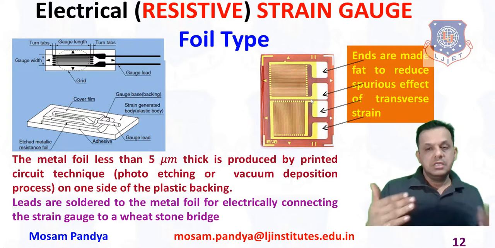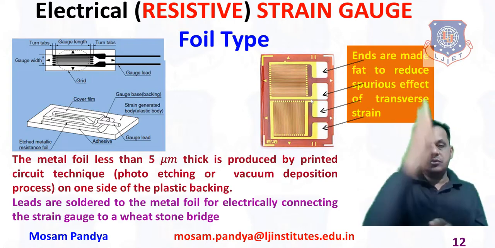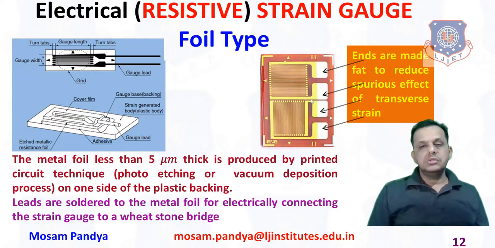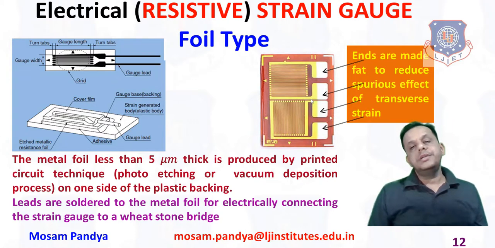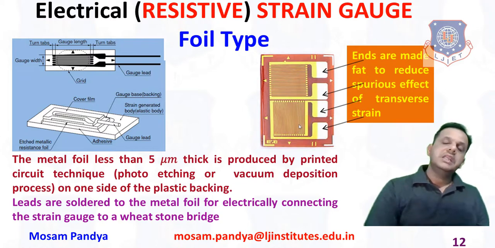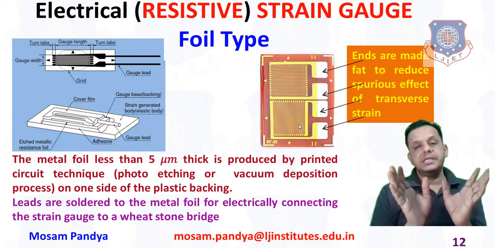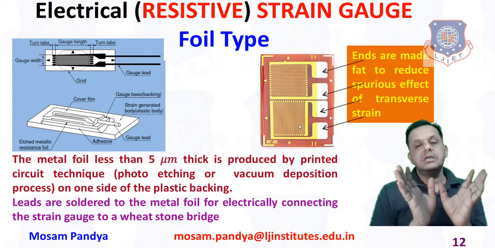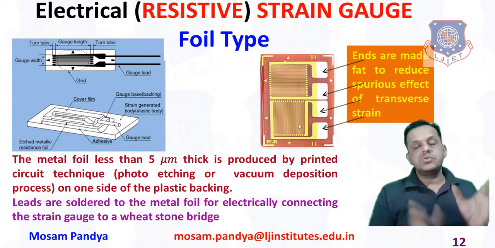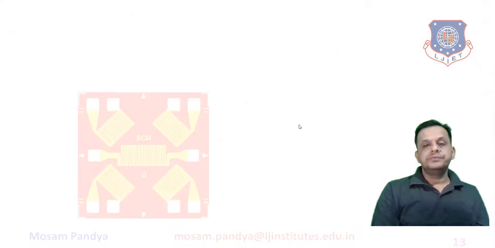Transverse strain means, say, left to right, right to left, and if you go across, those effects should be removed. It can be prepared in any form, a combination of 2, a combination of 4, and even 4 different strain gauges connected in the 4 arms of the bridge to measure multi-axial forces also.